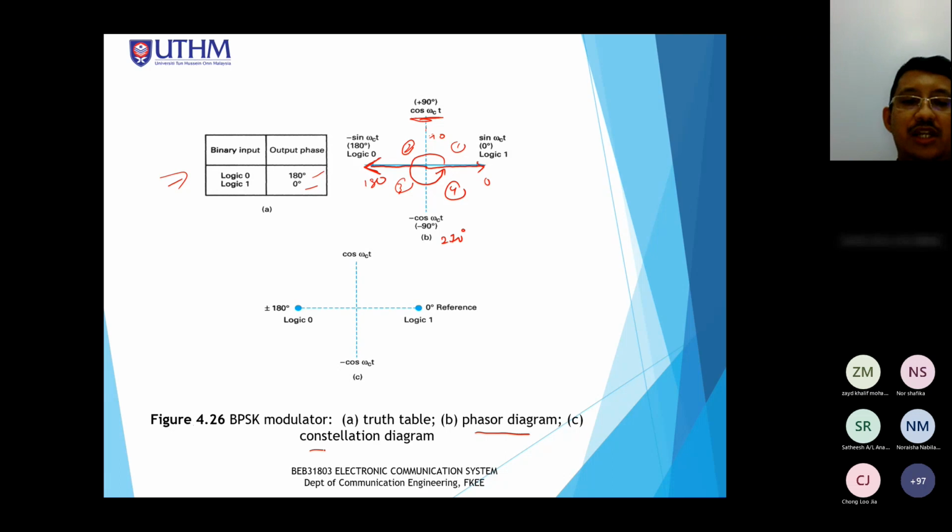Another one is the constellation diagram. Okay, the dot diagram. So we have two dots. One dot represents one symbol. Remember, we have two symbols. So the first symbol for logic 0 is located at 180 degree, and the other symbol, logic 1, is located at 0 degree.